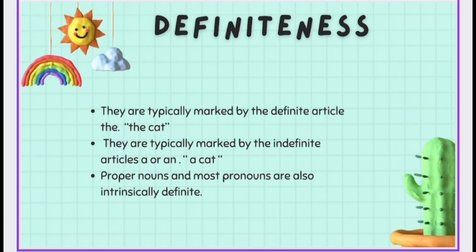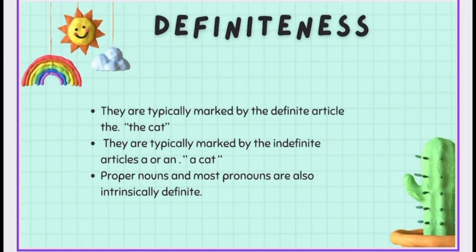Definiteness and indefiniteness are grammatical categories that indicate whether a noun refers to something that's known or unknown to the speaker and listener. Definite nouns refer to something that's known or identified. They are typically marked by the definite article: the cat, the book. Indefinite nouns refer to something that is unknown or not identified.